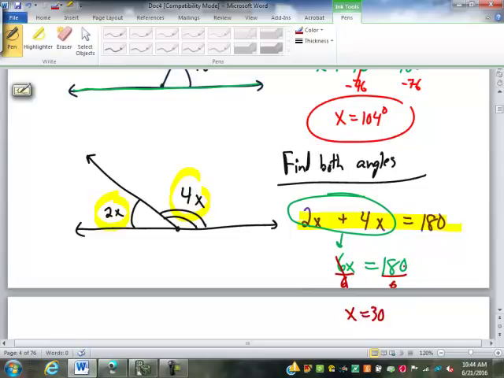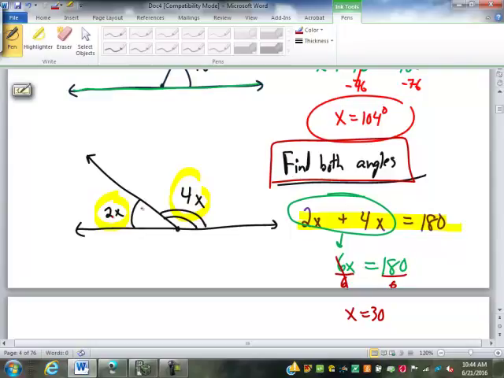Now we have to resist the temptation to stop here. We've written an equation, we've solved it, we got the value of x. We feel like we should be done. But what are we asked to find? Find both angles. We have not done that yet. All we've done is found the value of x. So we have to make sure, once we've solved our equation, we go back, look at the question again, and make sure we've actually answered the question.